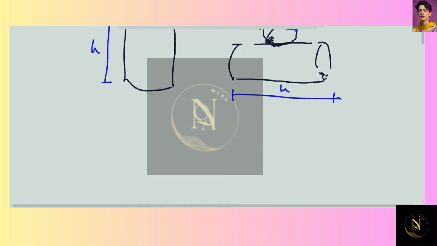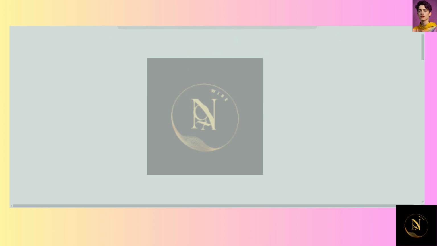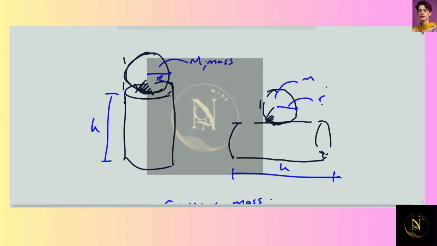So that's what we're dealing with in this particular problem. We want to find the center of mass. That's our target. Our goal is to figure out the center of mass in the y direction. Of course, the cylinder is standing that way, so we can measure things in the y direction.